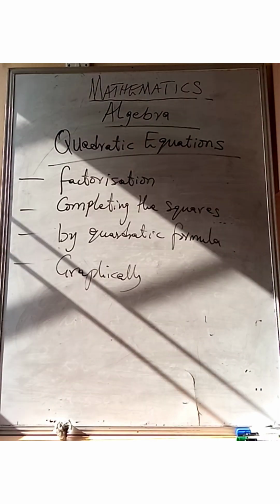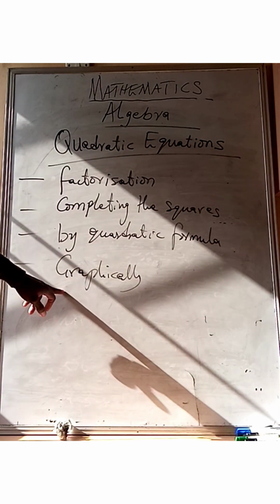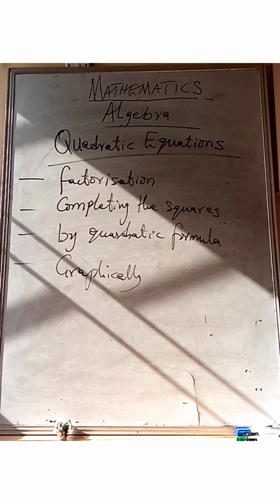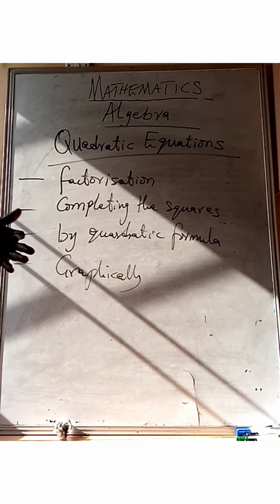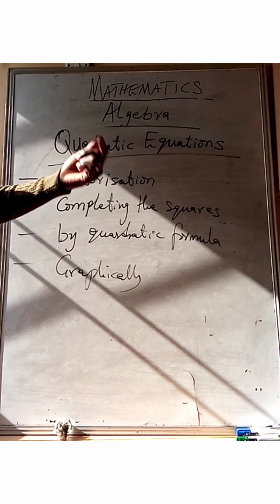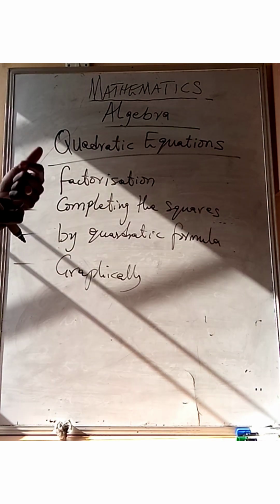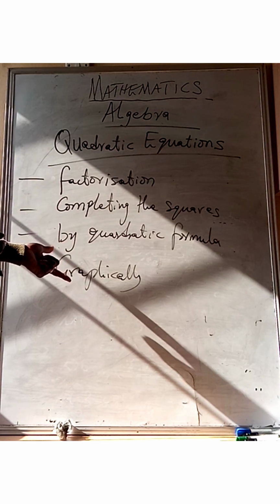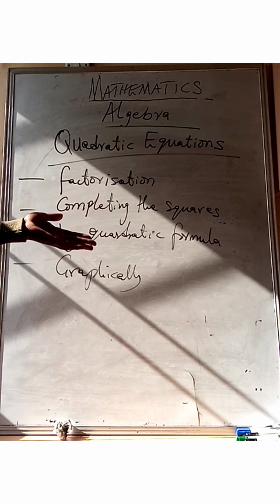I said that they can be solved using any of 3 methods. The fourth one, you don't negotiate, because the machinery will already be set in motion and you just have to tag along. You cannot decide to solve it using factorization if you have been told to copy and complete a given table, and from the table that you have completed, go ahead to plot a graph, after which you'll be told to find the solution from the graph.